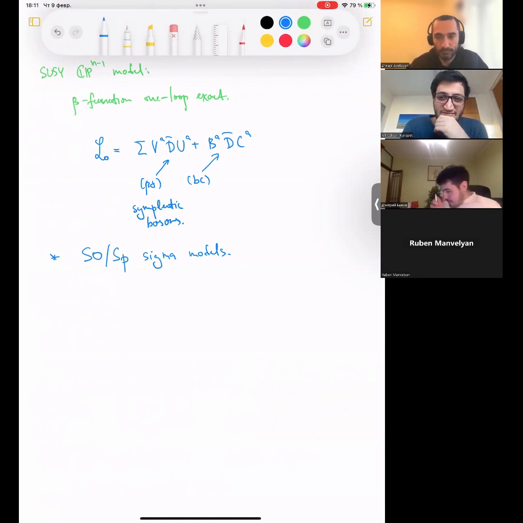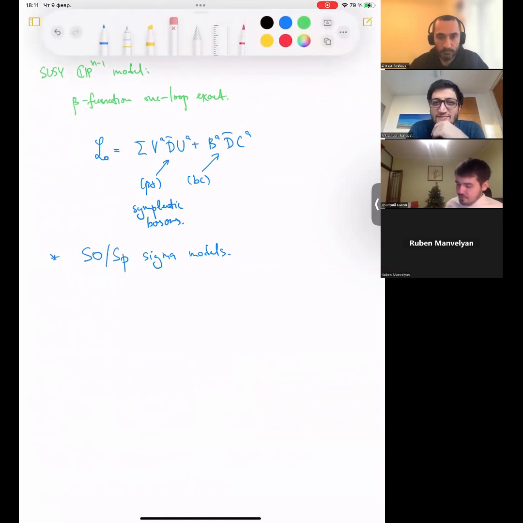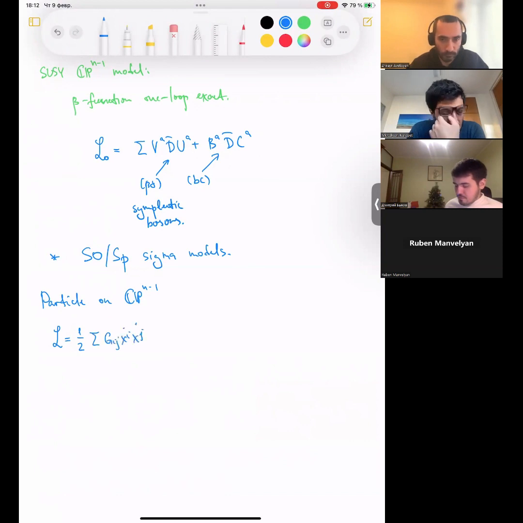Monopole field. Well, you can view quantum mechanics as, consider a mechanical particle, just a particle on CPN. Then you write a Lagrangian, which is 1/2 the usual metric. You put a CPN metric here, but then plus you can add A_i ξ dot, a magnetic field. So on CPN there is an SUN invariant way of constructing a magnetic field.